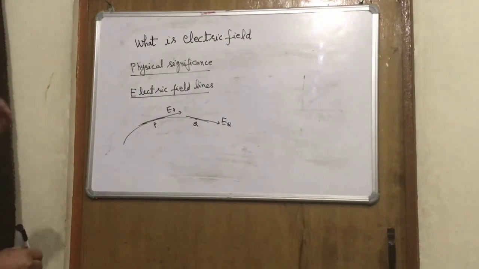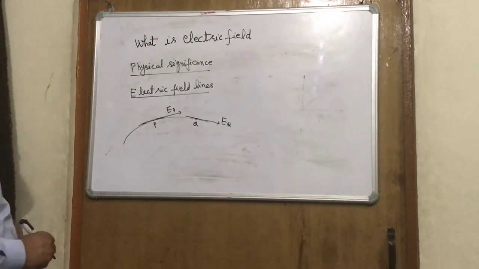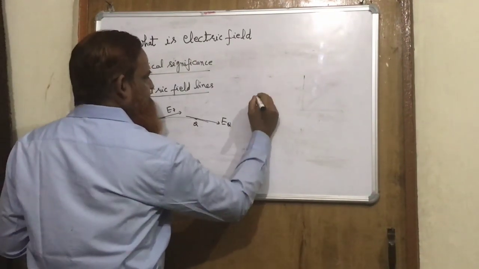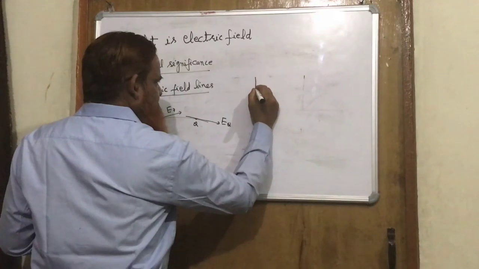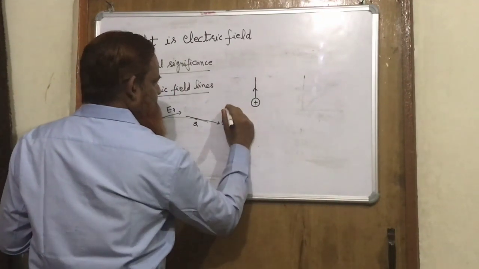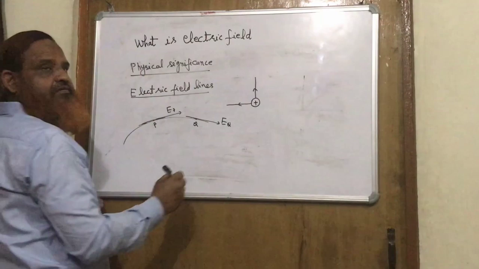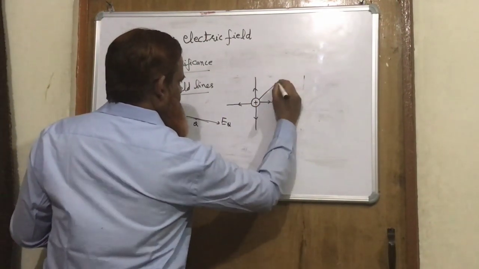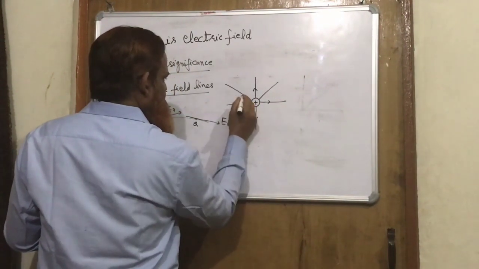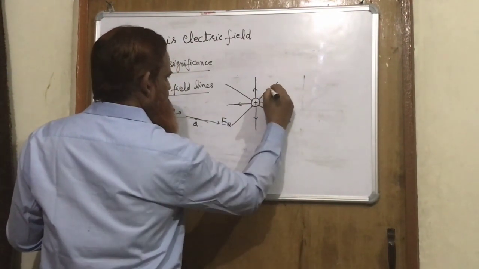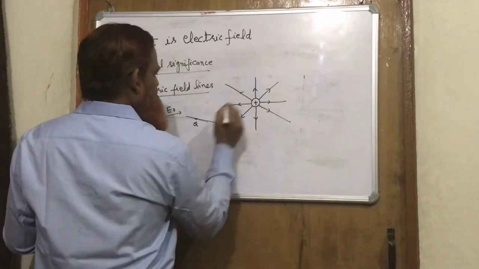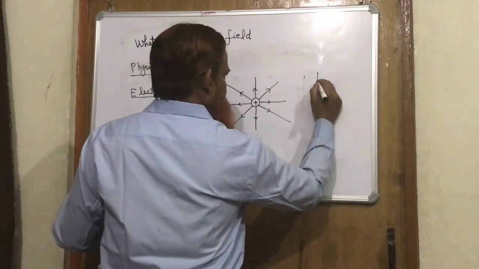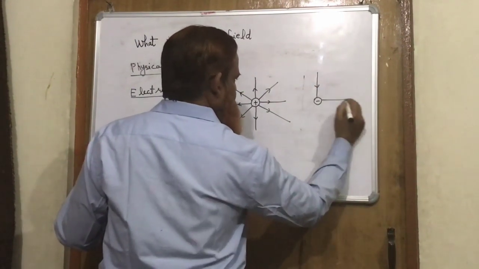We can find the direction of electric field lines due to an isolated positive charge. Electric field lines are away from a positive charge and towards a negative charge, as shown in this diagram.